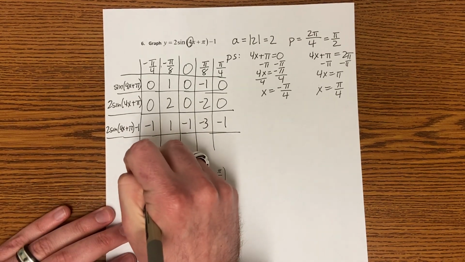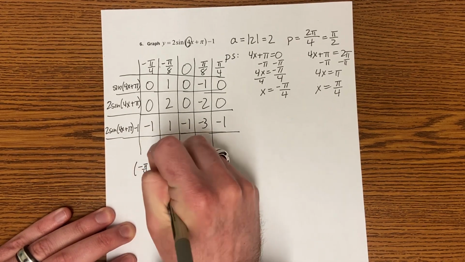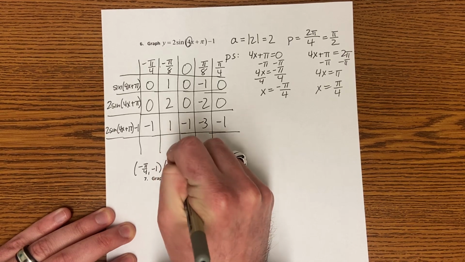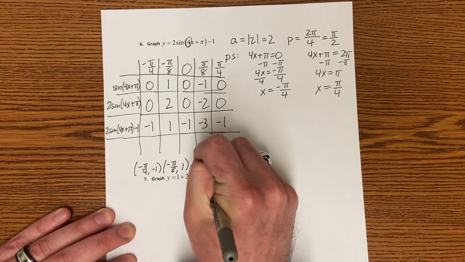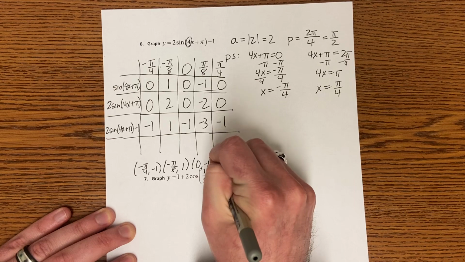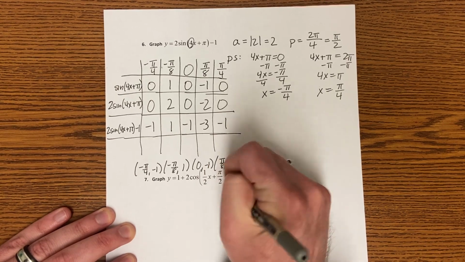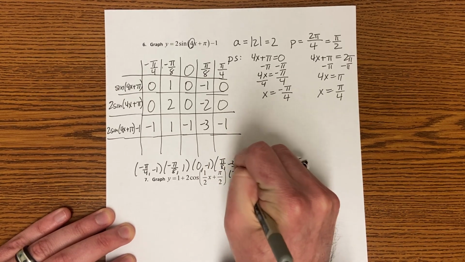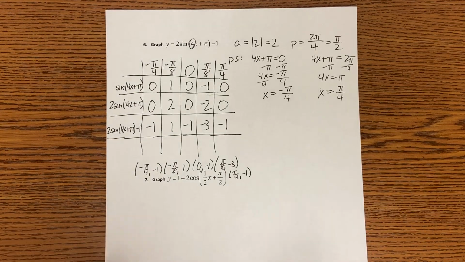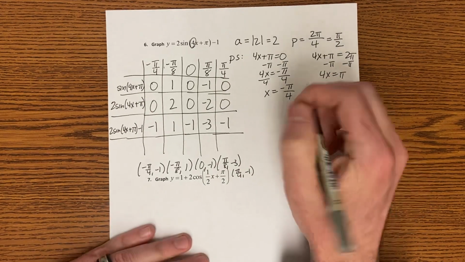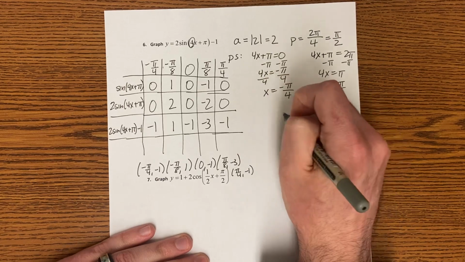So we've got negative pi over 4, negative 1, negative pi over 8, 1, 0, negative 1, pi over 8, negative 3, and then pi over 4, negative 1. We're going to go by pi over 8s because that's how far I'm going out from 0 on either side, so that's going to make my life a little bit easier. So graphing this, it'll go positive and negative in both directions.